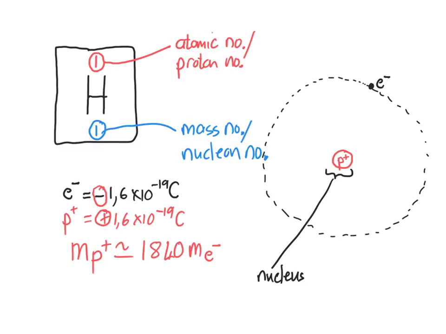The hydrogen atom consists of one nucleon. A nucleon is a particle in the nucleus. You'll see there's another type of particle you find in the nucleus as well, hence the collective term nucleon. And you can think of the nucleus a bit like a tiny little sun.